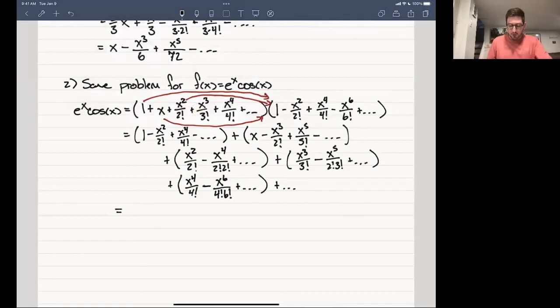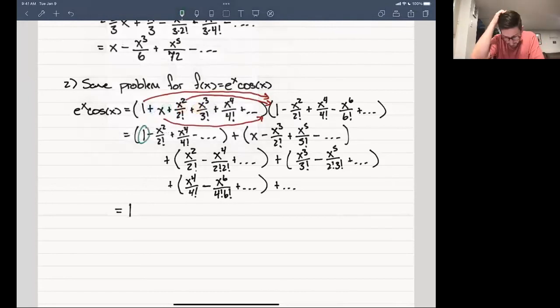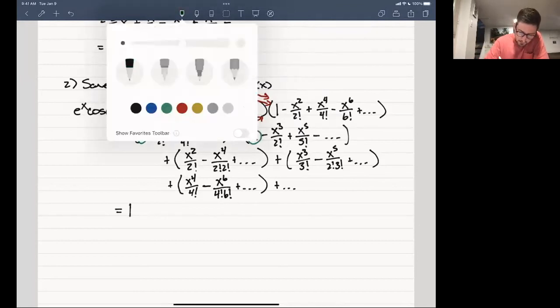Now, if you start collecting terms, there is only one degree 0 term, and that comes from right here. Then the degree 1 terms, again, there is only one of them coming from right here.